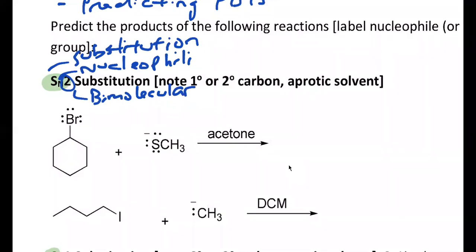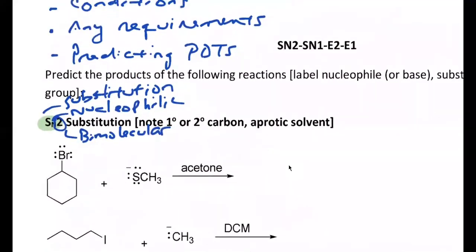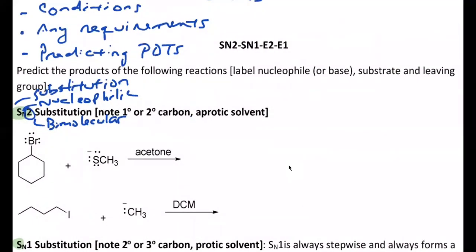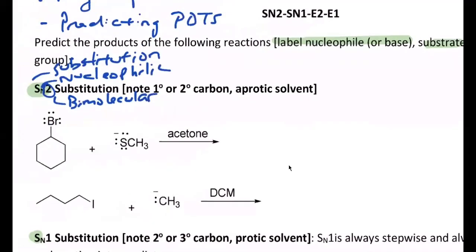So in every substitution, you're going to have a nucleophile and an electrophile, right? So up here where it says label nucleophile or base, we're going to do that. Once we do that, we'll find what the substrate is and the leaving group. So let's do that first.